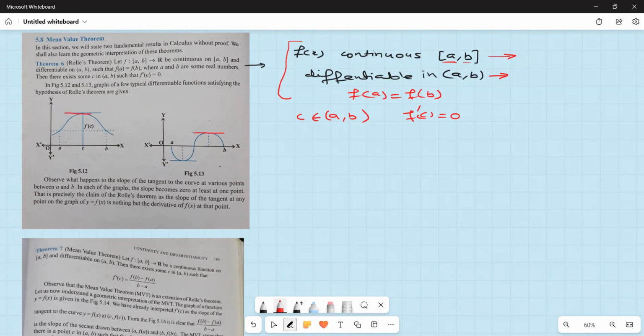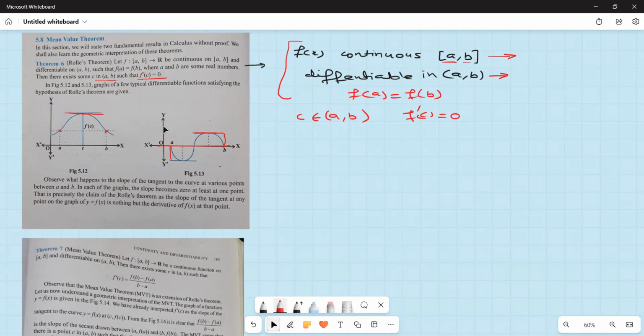So if a function is continuous in the closed interval, differentiable in the open interval, and f(a) is equal to f(b), then there is at least one point c in (a, b) such that f'(c) is equal to 0. It means at some point the slope of the tangent is 0, the tangent is parallel to the x-axis. This is Rolle's theorem.